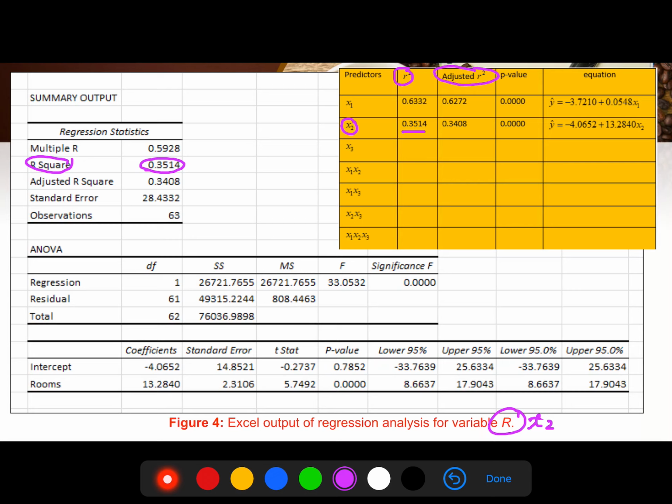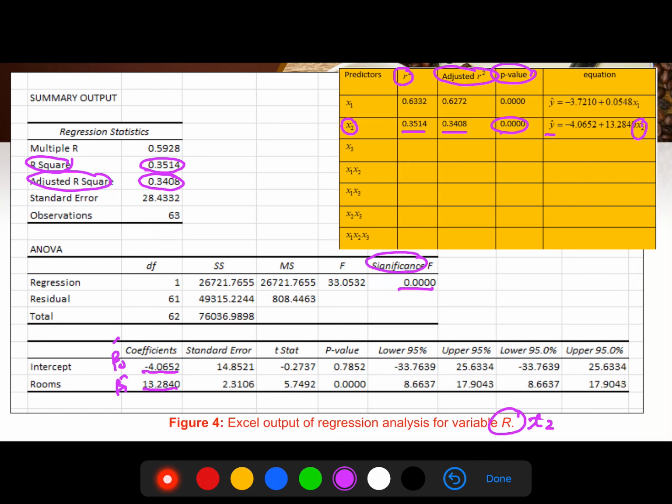Adjusted R square here, 0.3408. P-value here, 0.0000. Equation here is beta naught, here is beta 1. Y cap equals negative 4.0652 plus 13.2840 x2.